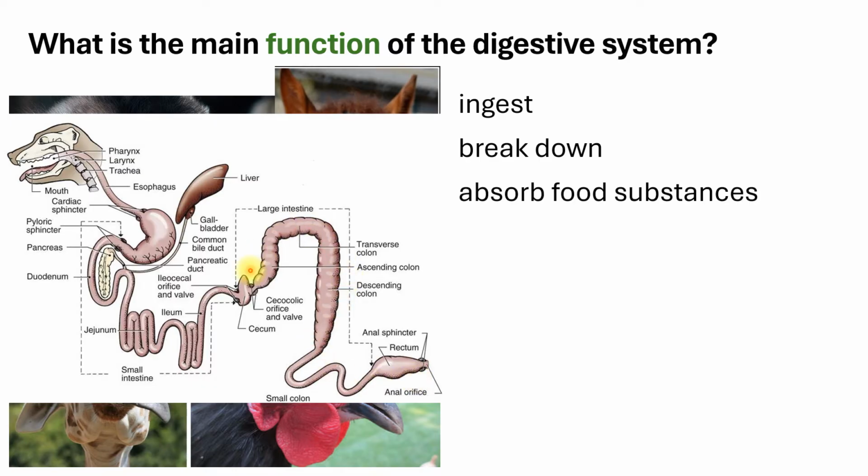This is where we would have your chemical breakdown as well as the absorption of the food substances. So for the chemical breakdown, it will usually start a little bit in the mouth, and then eventually much of it would be in the stomach, and then absorption would happen mainly in the small intestine as well as in the large intestine.